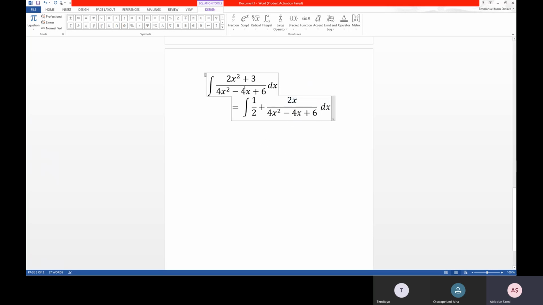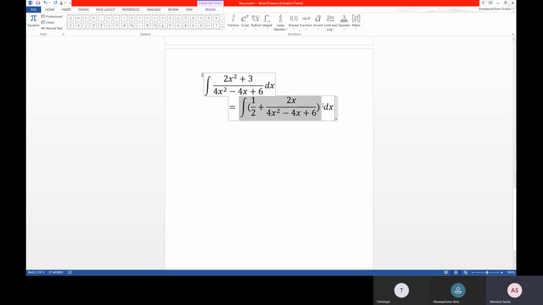Now what you have: instead of integrating the original, this is what I'll be integrating now. Don't forget that this is what we have, everything in brackets. This is what you're integrating.